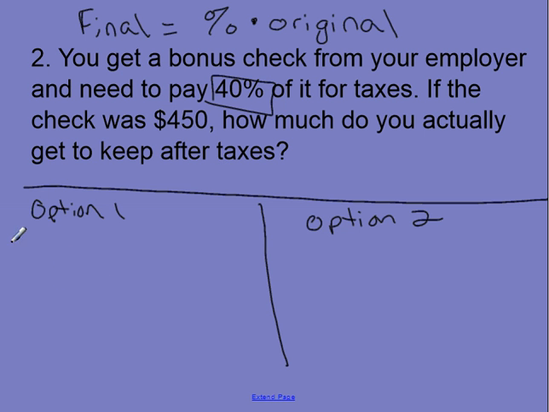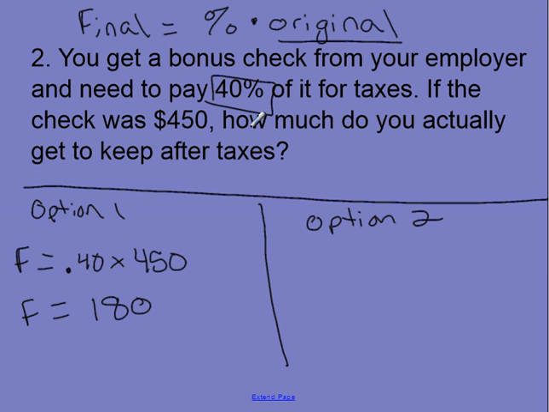So my final is what I'm looking for. Option 1 says to figure out what percent gets taken for taxes. So that's going to be 0.40 times 450, because that's the original amount that I get, which is going to give us the final tax of $180.